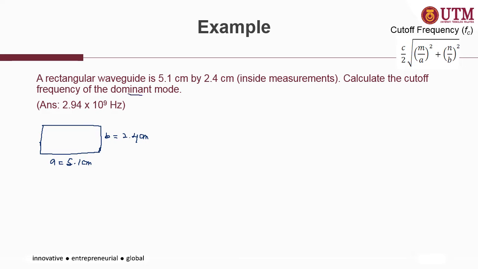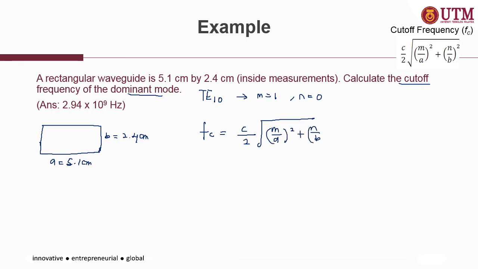The dominant mode here, obviously for a rectangular waveguide structure, will be TE10. So you know your M will be 1 and your N will be 0. To calculate the cutoff frequency, you can refer to the equations from the table or from the appendices. So FC will be equal to C over 2 times the square root of M over A squared plus N over B squared.